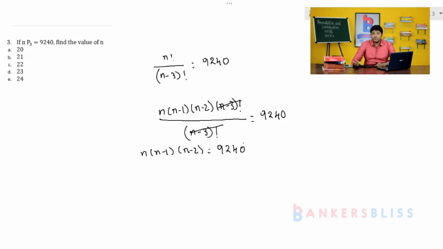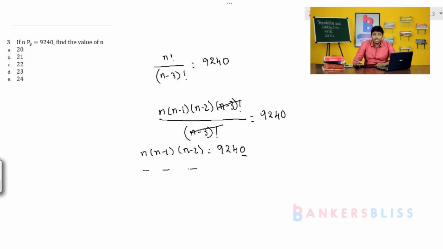But without simplification, how can we do it? See here, in 9240 you have unit digit 0, and see the options. The n value is 20, 21, 22, 23 and 24. Among those you should get one of the values, but in 9240 the unit digit is 0. Means what? Among these 3 numbers n, n minus 1 and n minus 2, any one of the numbers ends with 0.